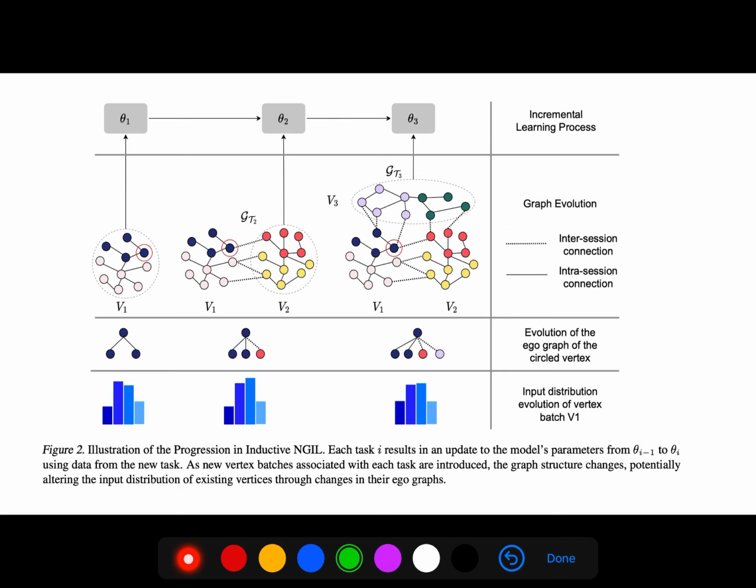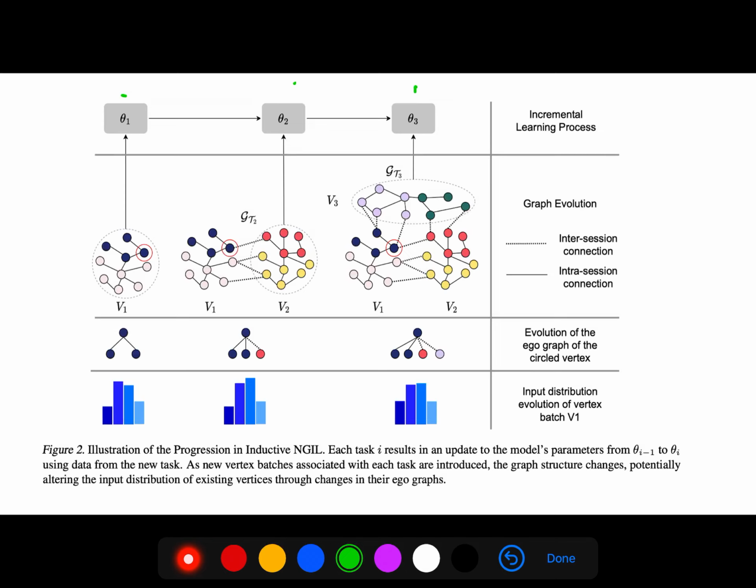So this is an illustration of the progression of inductive NGIL. Each task i results in an update to the model's parameters. Going from theta 1, theta 2 to theta 3 is an update to model parameters, of course using data from the new task. When new data comes for the new task, then we have a different theta 2.